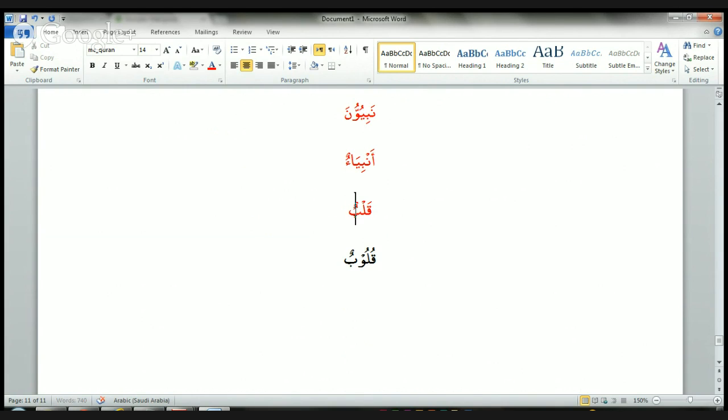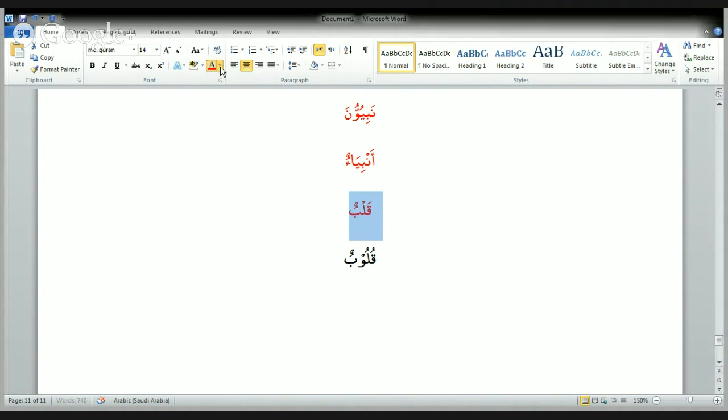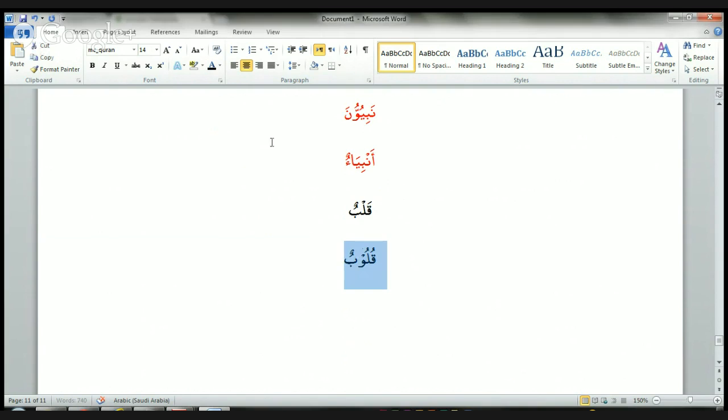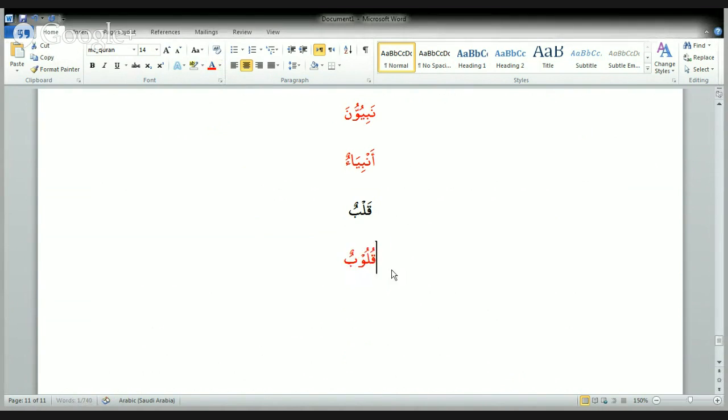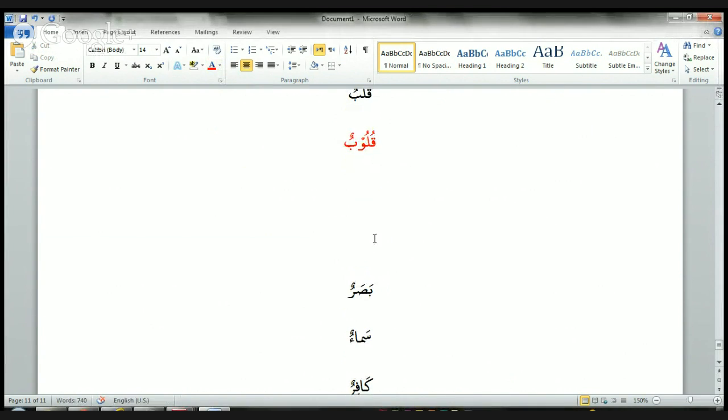Basarun, which means sight. ختم الله على قلوبهم وعلى سمعهم وعلى أبصارهم. Absar refers to sights.